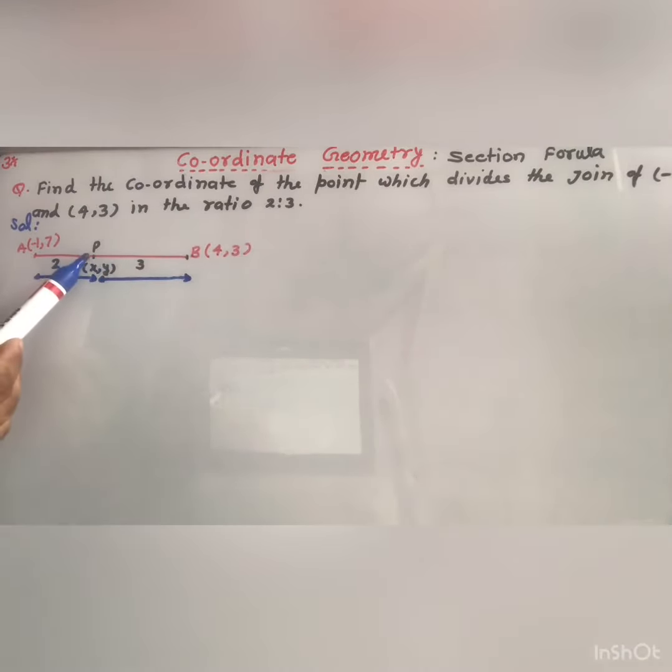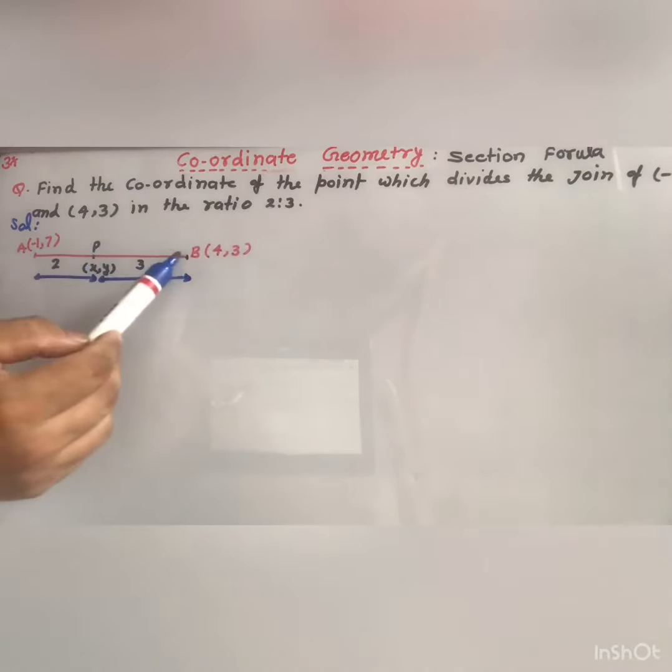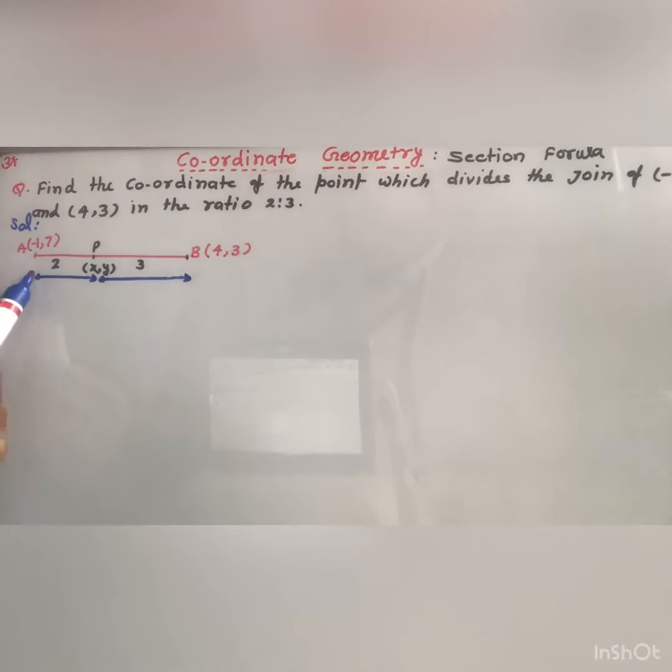Let this be the point P on the line segment AB, and let the coordinate of this point be x comma y. So the value of x comma y is required, and it is given that the first part AP is in the ratio 2, and PB is part 3. So we will write the first part as 2 and the second part as 3.